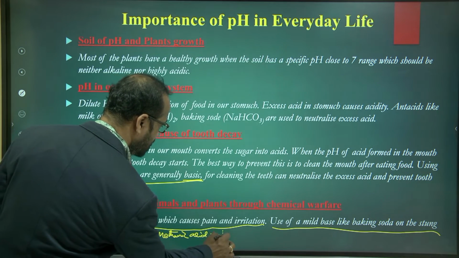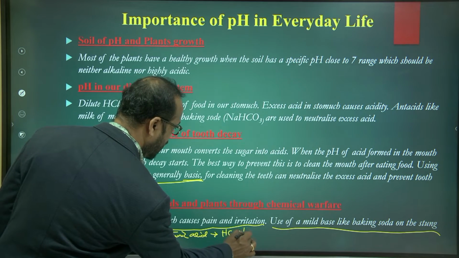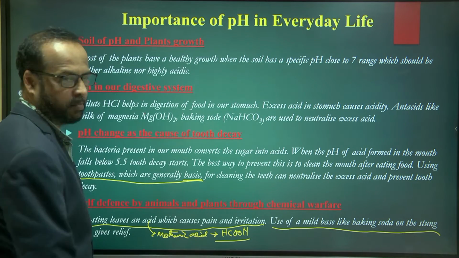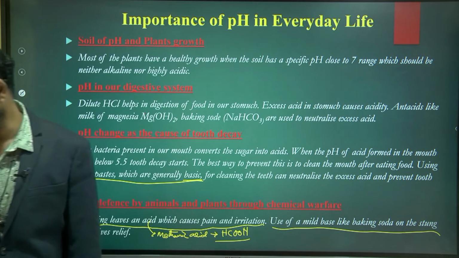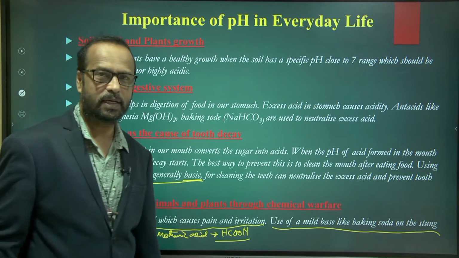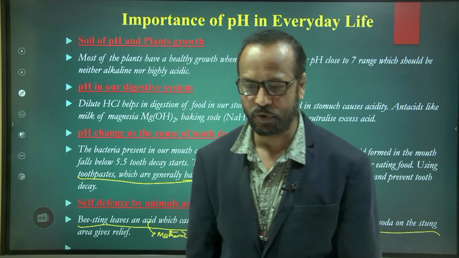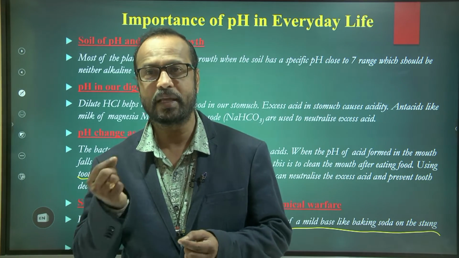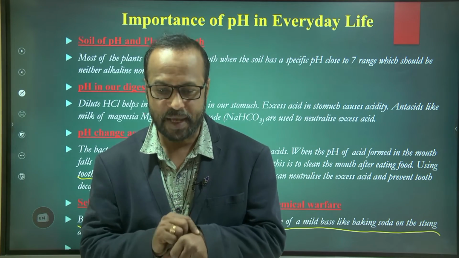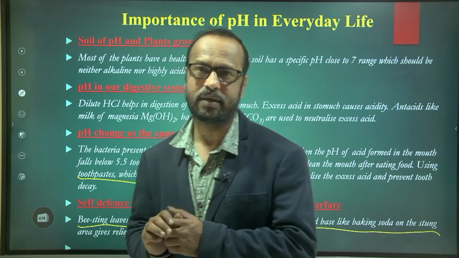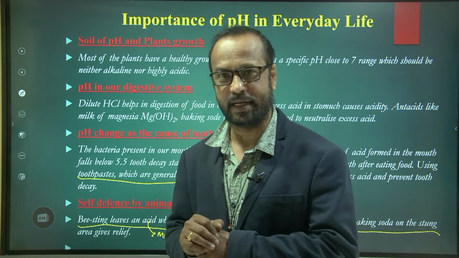The formula is HCOOH. Remember this. This methanoic acid is released, and since it is acidic, we can neutralize it by using the base. Therefore, you have to apply the baking soda paste on the stung area. Is this clear to you?